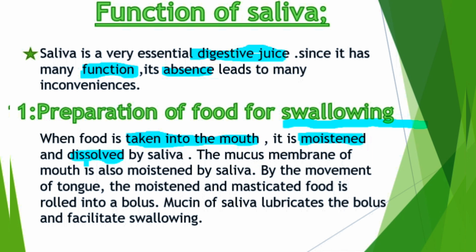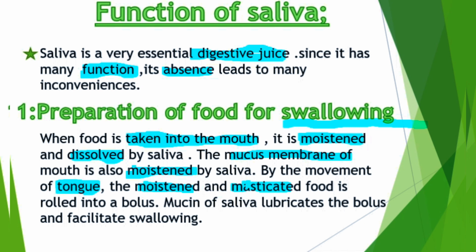The mucous membrane of the mouth is also moistened by saliva. So saliva moistens the food we ingested, and besides this, it also lubricates the mouth. Then by the movement of the tongue, as the tongue continuously moves in our mouth, the moistened and masticated food is rolled into a bolus.